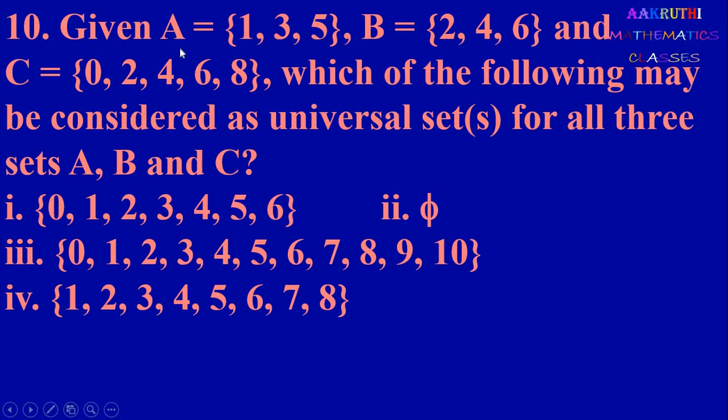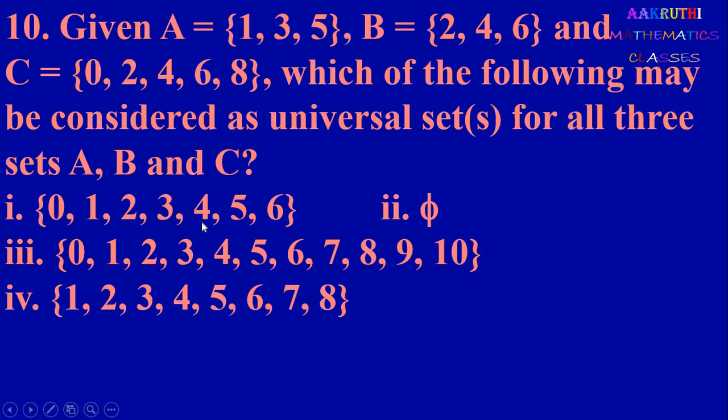Next question. Given set A equal to {1, 3, 5}, set B equal to {2, 4, 6} and set C equal to {0, 2, 4, 6, 8}, which of the following may be considered as universal set or sets for the three sets A, B and C? Here three sets are given and some more sets are given. You have to find which are universal sets for these three sets. First one, it is {0, 1, 2, 3, 4, 5, 6}.